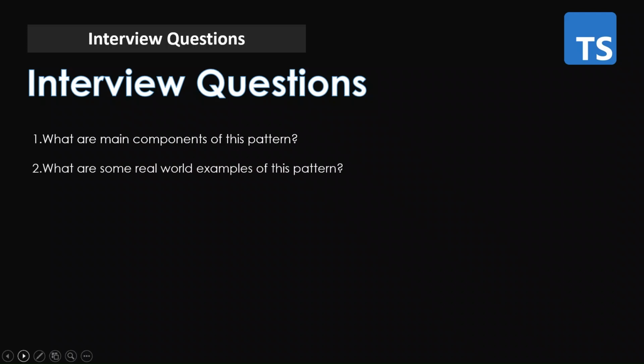Now, what are some real world examples of this pattern? So the real world examples are like, you might have worked with state management libraries. Basically you might have worked with Redux, or Zustand as well, and if you have used these kinds of things, then you are very well aware of the real world examples of this pattern.